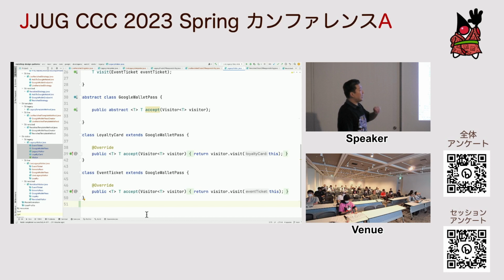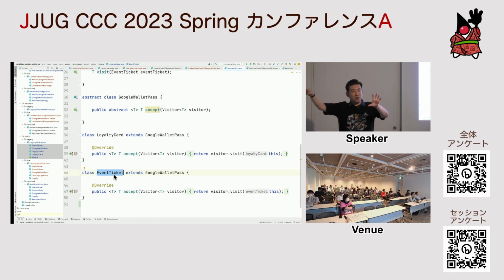Okay? Other benefits of the visitor is that if you're creating a strategy, the code of the strategy will be inside loyalty cards and event tickets. Okay? So loyalty card is here. This other module is here.